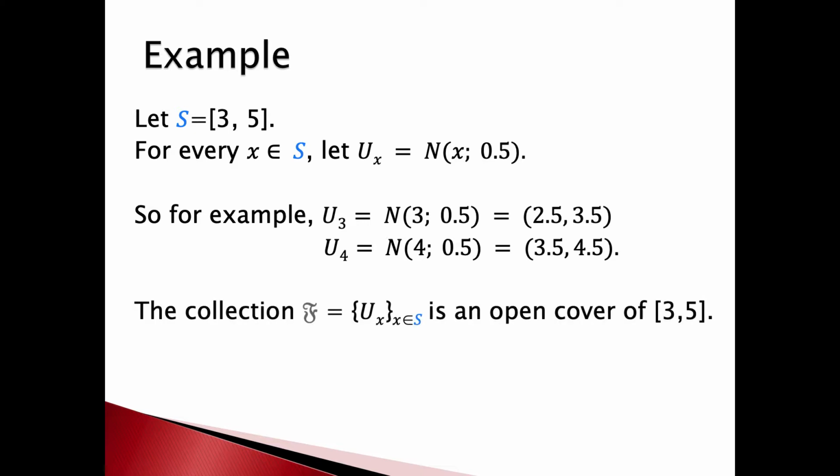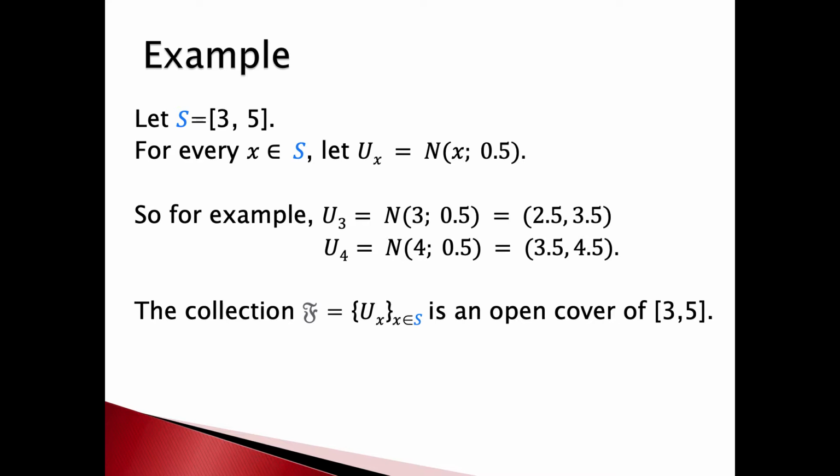Now, obviously, if I union all of those open sets together, then that will completely cover up my interval from 3 to 5, because every X is inside U sub X. So if I union all the U sub X's together, I'll get more than the interval from 3 to 5, because, like I said, notice that U3 laps over a little bit, past 3 down to about 2.5. So all these intervals will definitely cover up the interval from 3 to 5, okay?